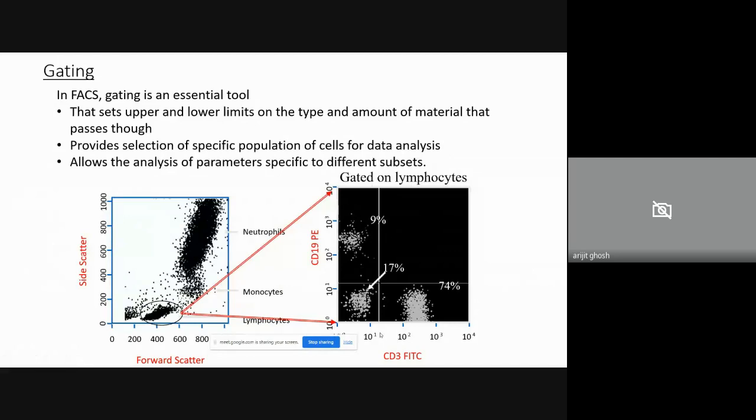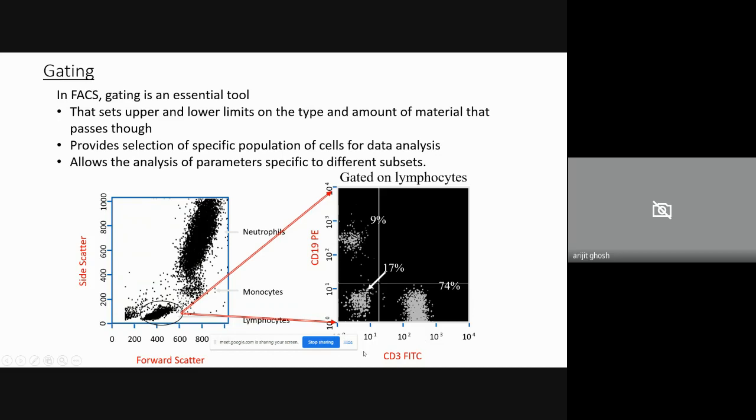After getting all of the lymphocytes, there are 17% of cells which don't express any CD19 or CD3, but 9% of those cells express CD19, and most of the cells express CD3, which is 74%.